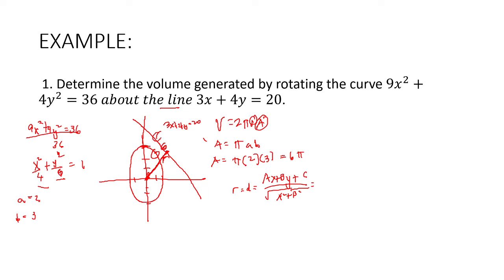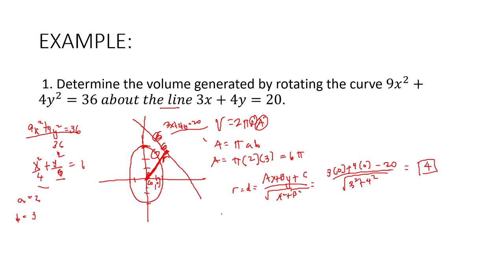So from this center to the line of rotation is our r. So from 0, 0 to the line 3x plus 4y equals 20, that's 3 times 0 plus 4 times 0 minus 20 all over the square root of a squared plus b squared, which is 3 squared plus 4 squared. So therefore, we can get r as 4.